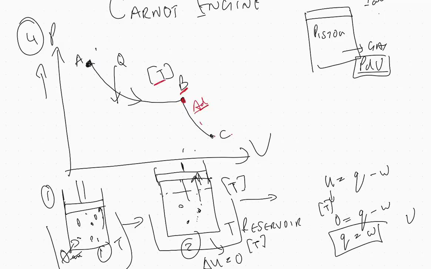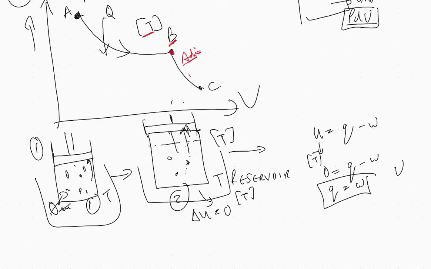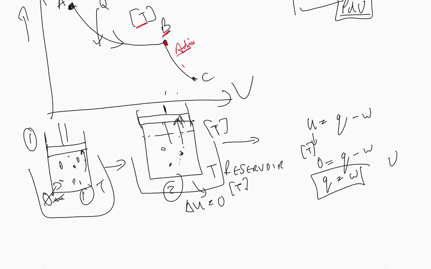In this case, the temperature changes. Now, when we go from B to C, which is adiabatic expansion, if I say this was kept at TH, hot, and this is T1, we'll say.